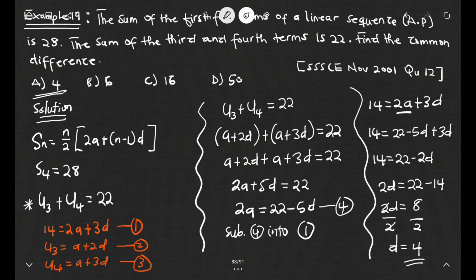Now if you look at this particular question, you realize that we had to use the formula, the sum of the term, to get an equation. Use u3 plus u4, find the equation for u3, find u4, do the substitution to get another equation, which is equation 4, do the substitution back to equation 1 to get the difference, right?